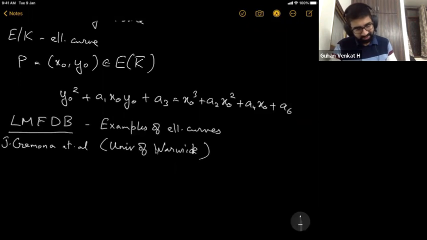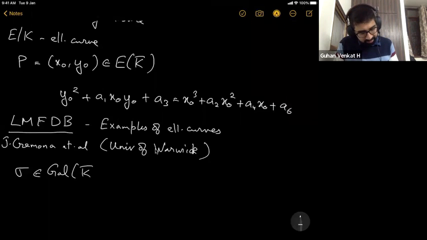All right, going back to this Galois action. Say P is a point on E of K bar, and I choose an element sigma of this absolute Galois group. Let me call this equation 3.